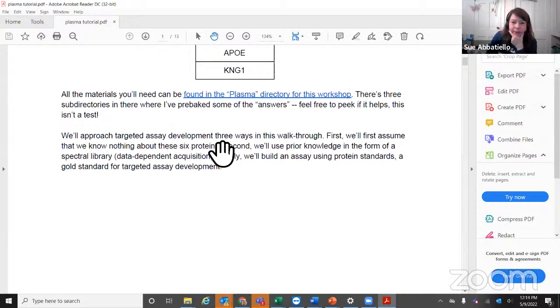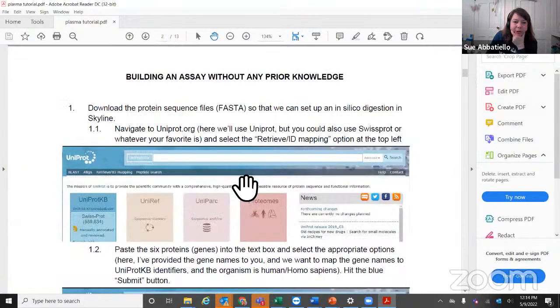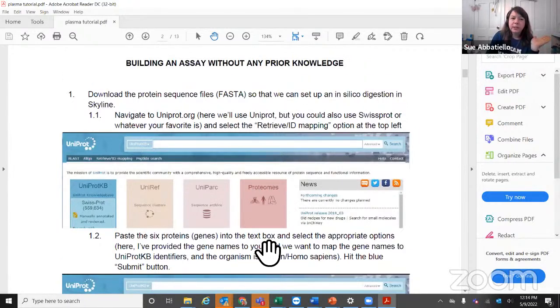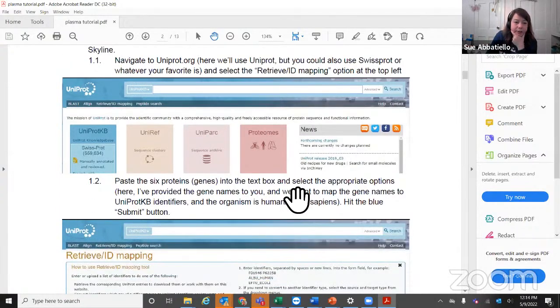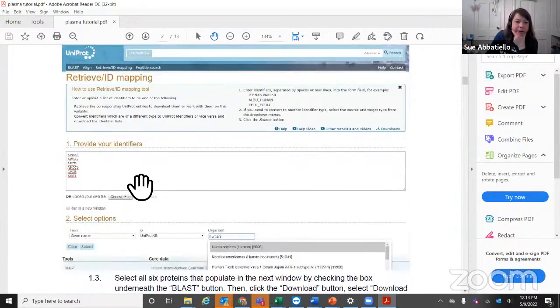So if we go, yeah, I think first we assume we know nothing about these 6 proteins. That'll be the first way we start off, because I'm assuming nobody knows anything about these proteins. So you can build an assay without any prior knowledge, because you're going in and looking at information about the IDs, your identifiers.